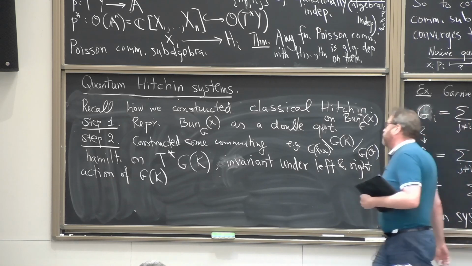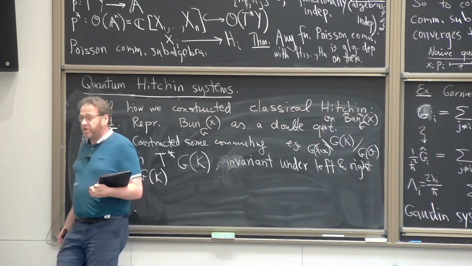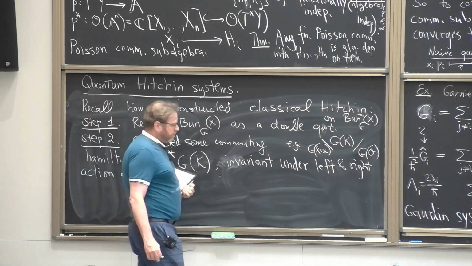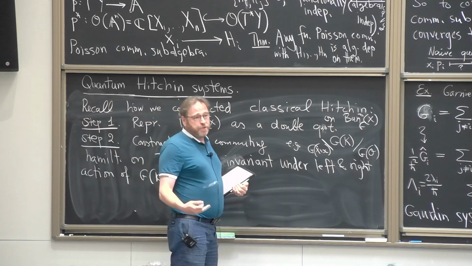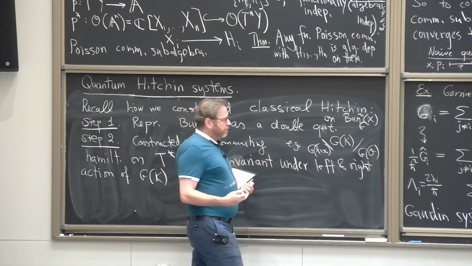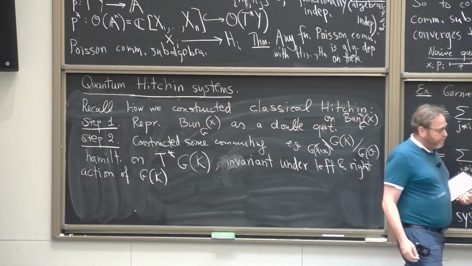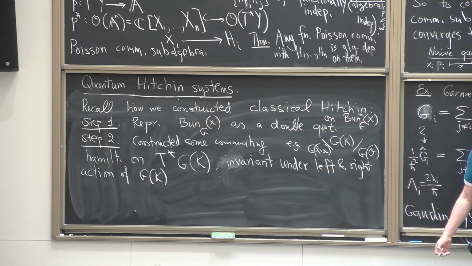So if we trivialize the cotangent bundle using left translations, this means that it is left invariant, but also they were given by some conjugation invariant functions of phi, which means that it is also right invariant.